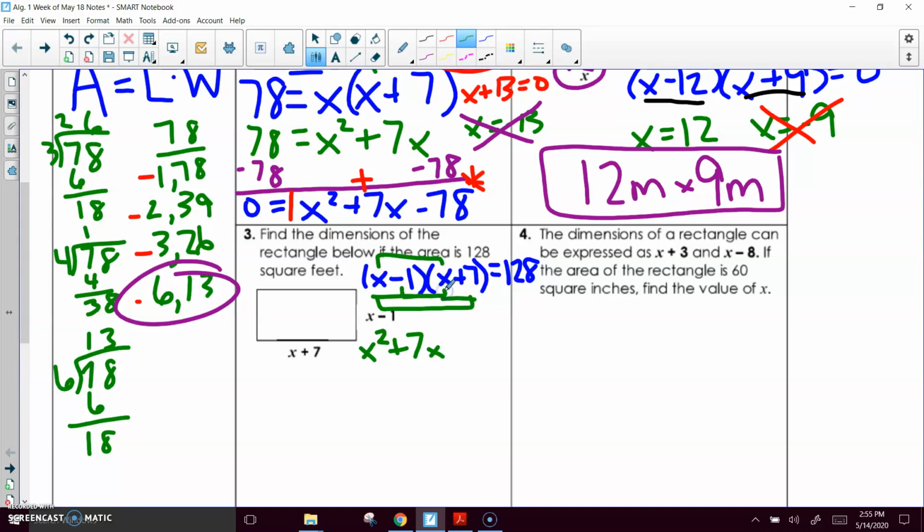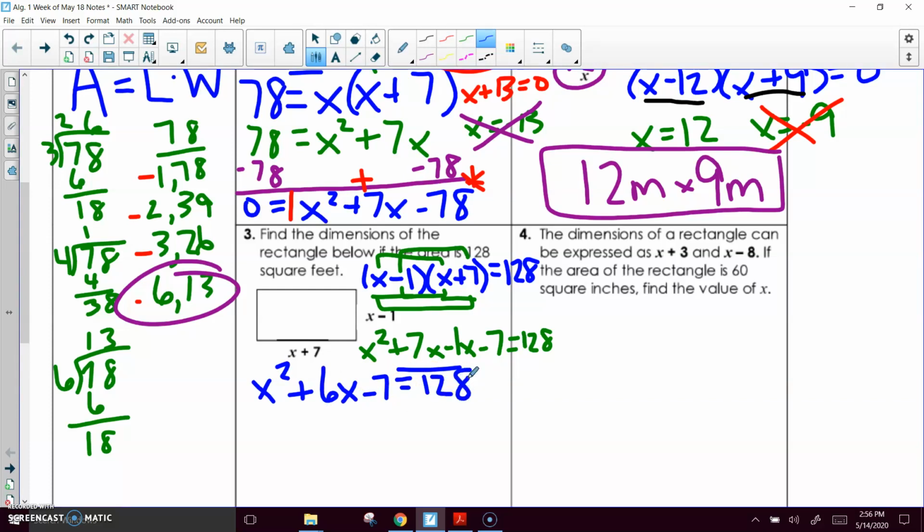Inners, negative 1 times x is minus 1x. Lasts, negative 1 times 7 is negative 7. And then I'm going to simplify that, combine my like terms. So I end up with x squared, 7x subtract 1x is 6x, minus 7 equals 128.